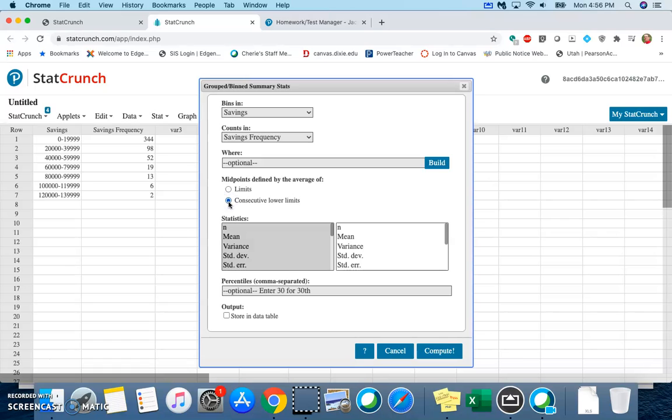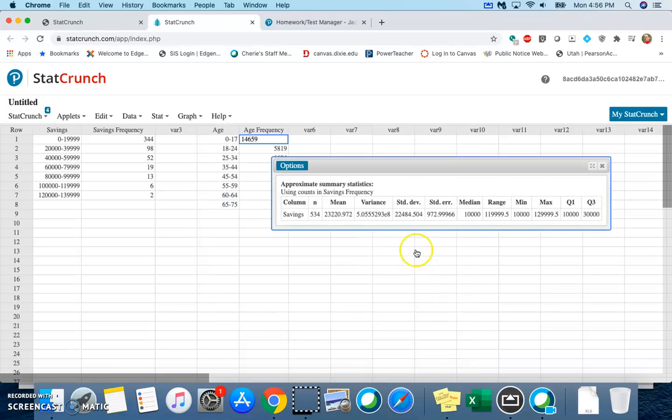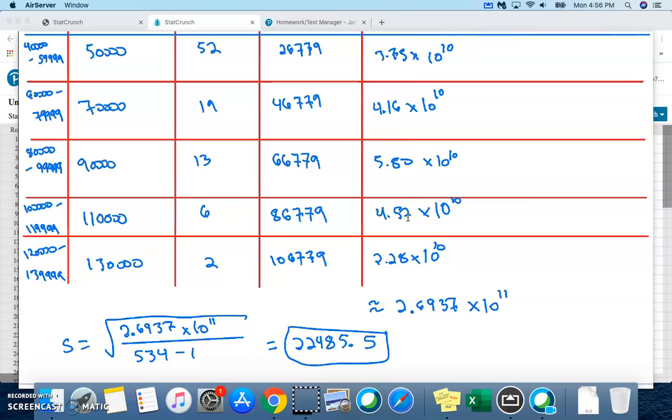We want to do consecutive lower limits and make sure the standard deviation is selected. We'll compute, and you can see there 22,484.5. Oh, I just wrote it down wrong on my paper here, or my iPad. So this will be 484.5.